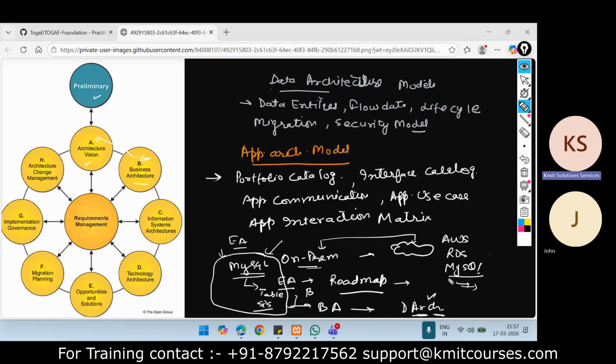In the baseline architecture, there is a database architect who is already working on the baseline or on-premises servers. That will be the person.